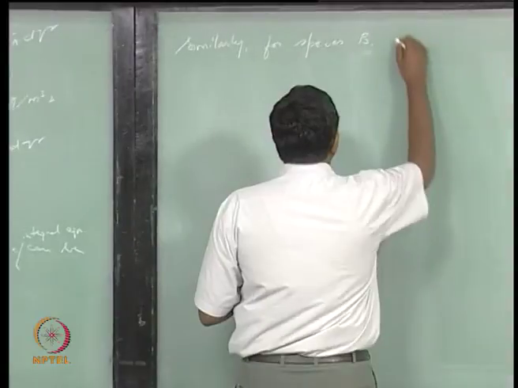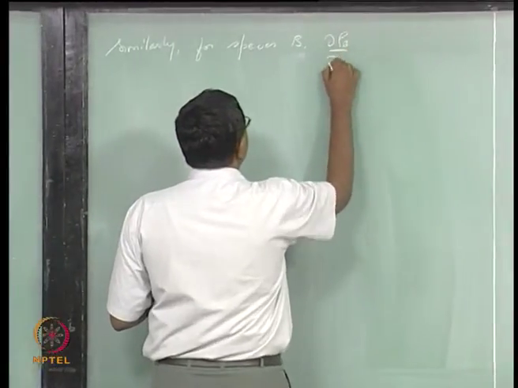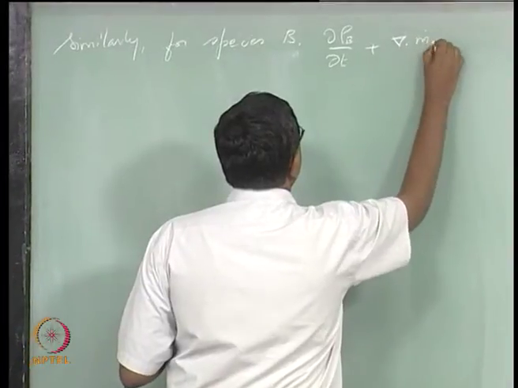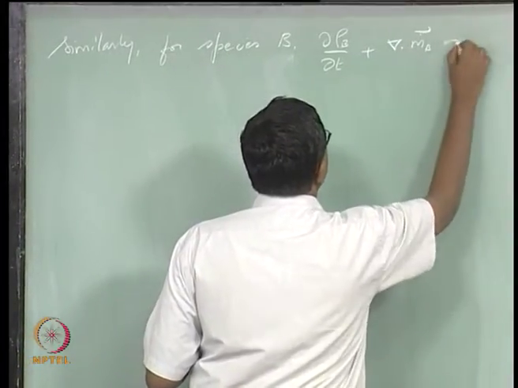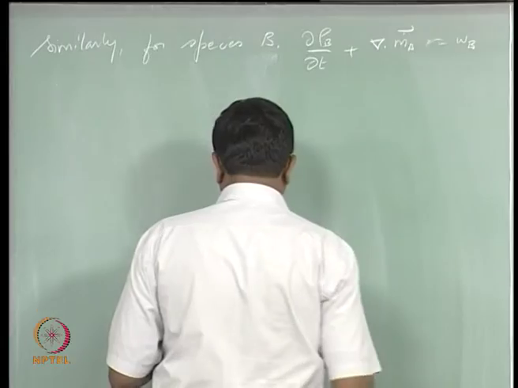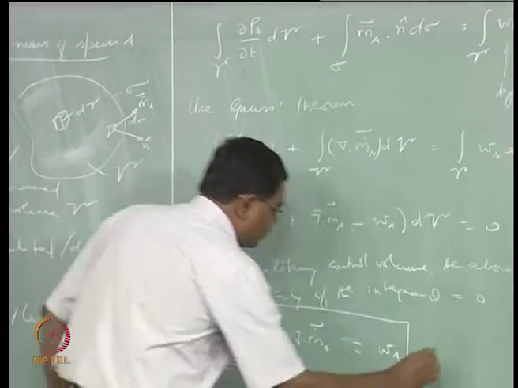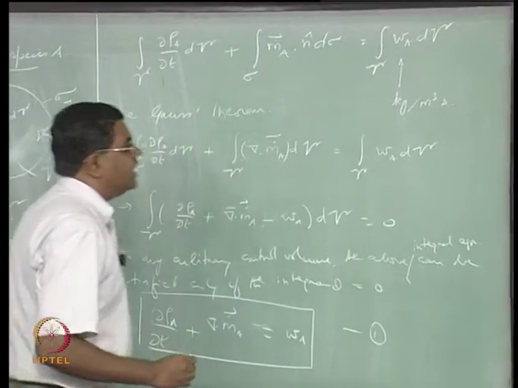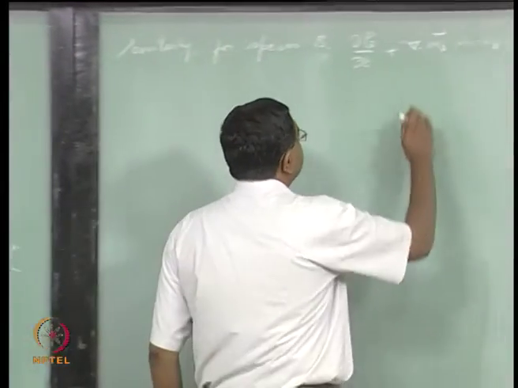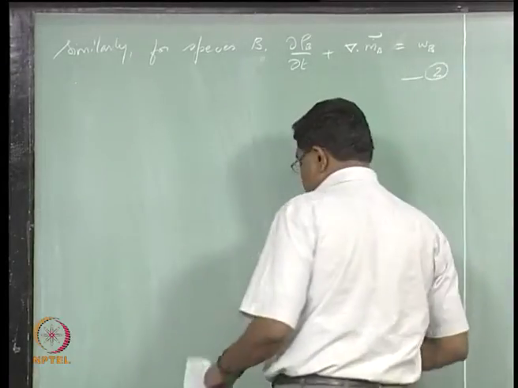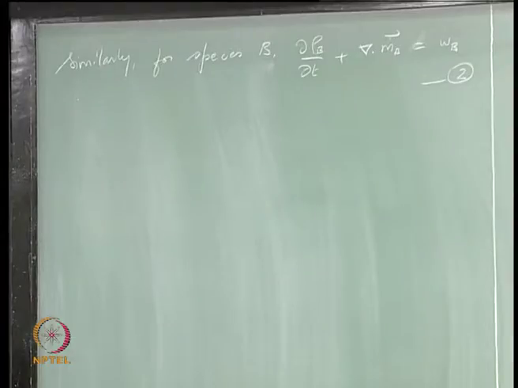So I can write dou rho B over dou T plus divergence m dot B vector is equal to WB. Now let's go back and call this equation 1 in this class, and let's call this equation 2.